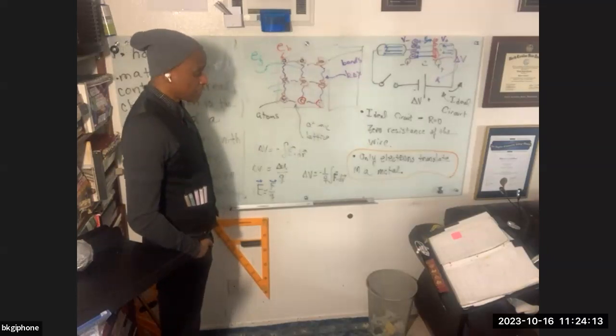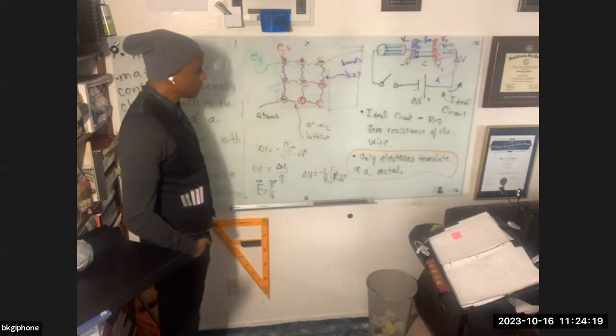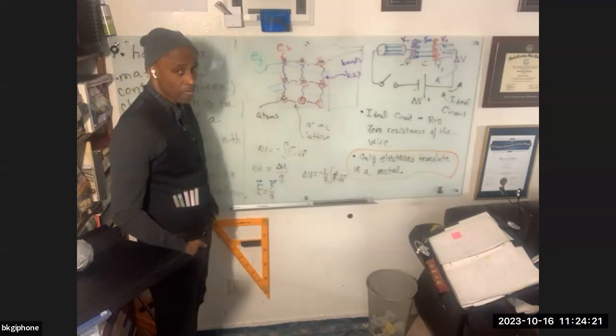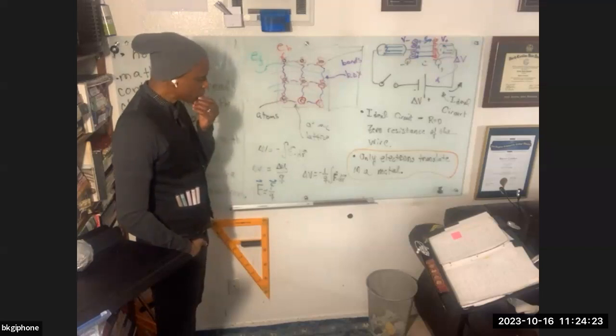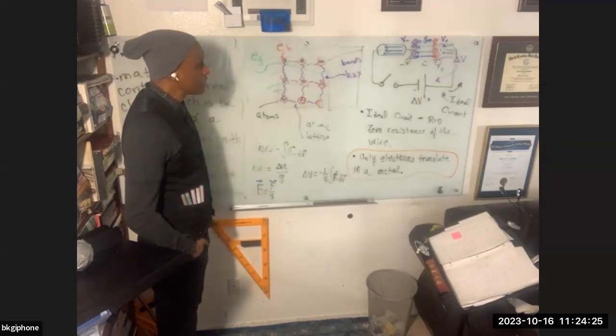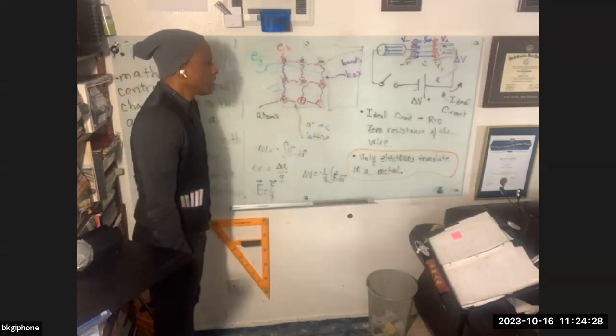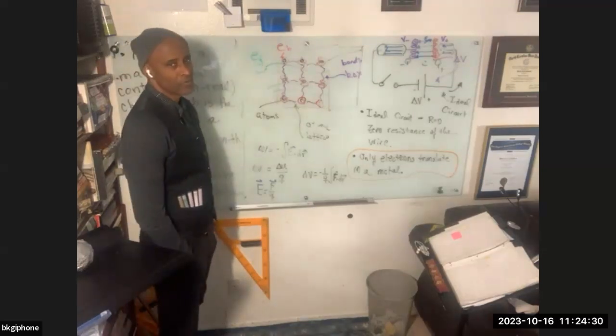So the final thing, now that I've explained all that, the only thing left to do is to describe or define what capacitance is. And capacitance is simply a ratio. It's just a mathematical ratio.